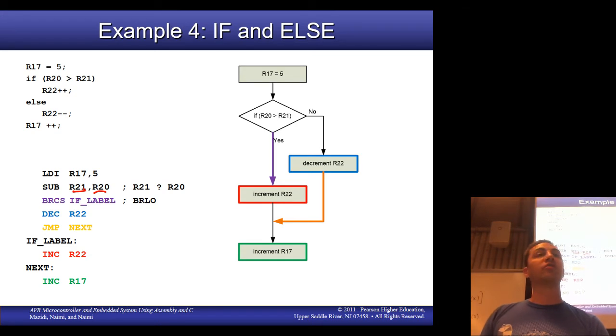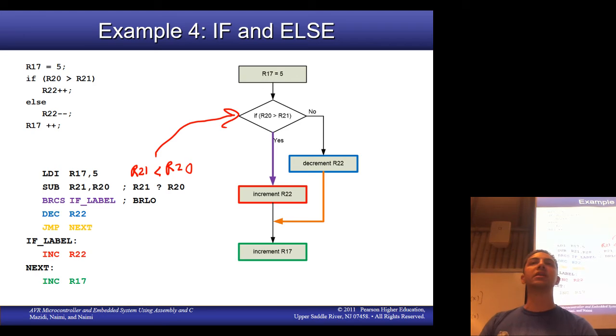And I do a branch if lower than. Again, carry set is the same as lower than. So this is saying, all right, branch, undo, if R21 is lower than R20, which is not quite what I have written here.